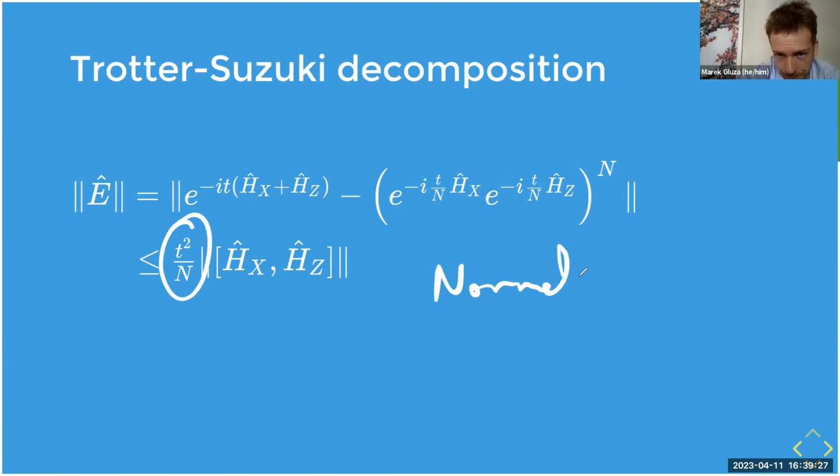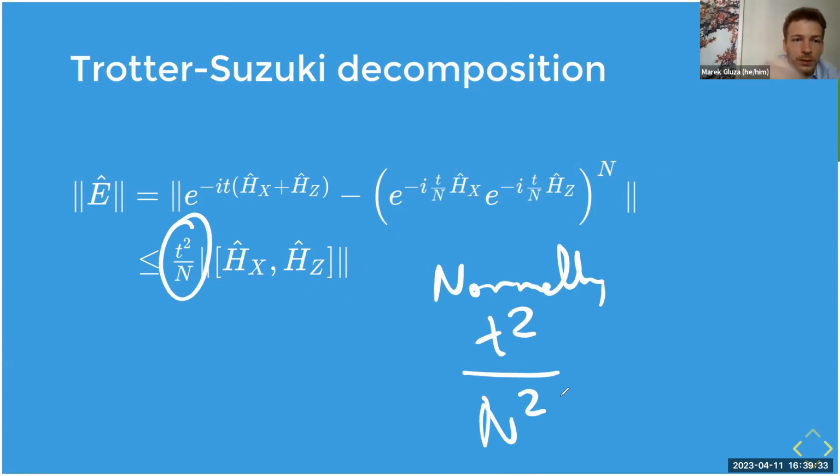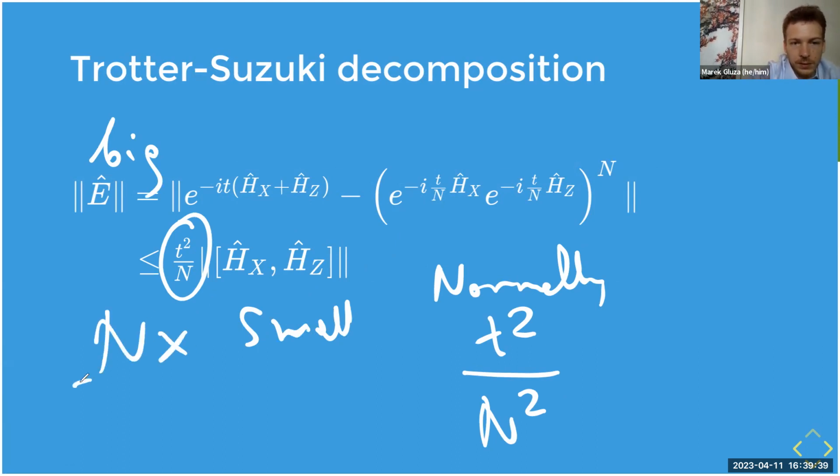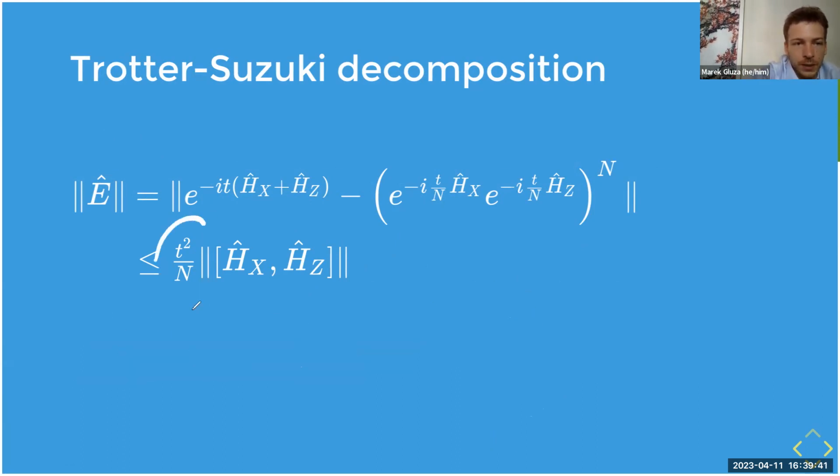Normally, t squared n squared. But if we connect big and small, then we have n times this small stuff. That's the rule. So that's why it drops here. Okay, that's one comment.